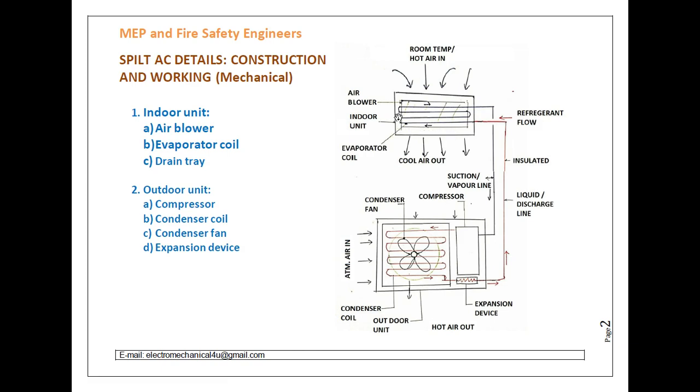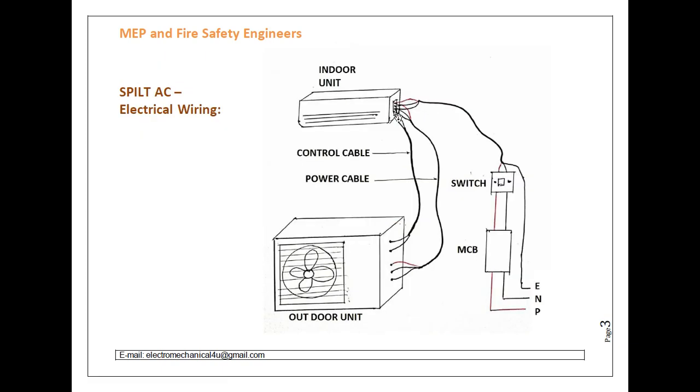Now we will see the electric wiring of the split AC. In the electric wiring of the split AC, a very simple wiring network is there. This is earthing, neutral, positive cable, coming from the main distribution board, and these two poles are going to the MCB, and then to the switch.